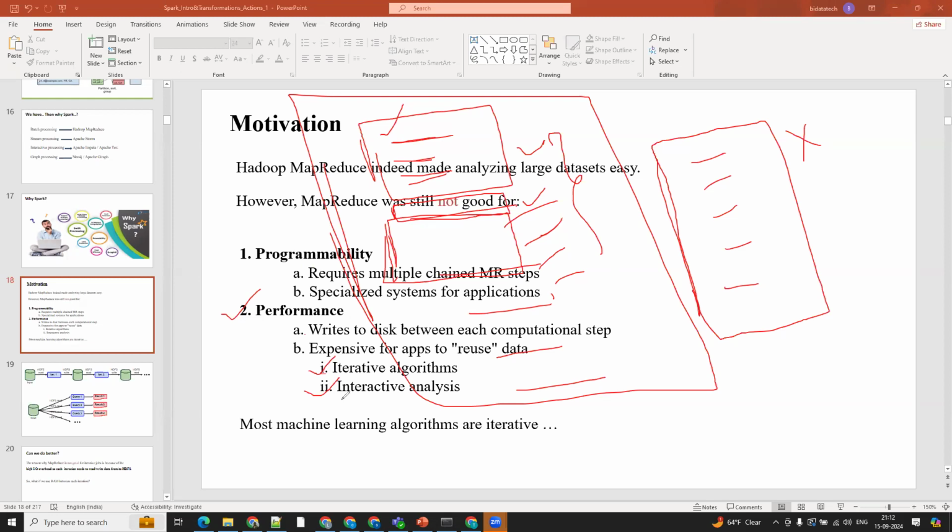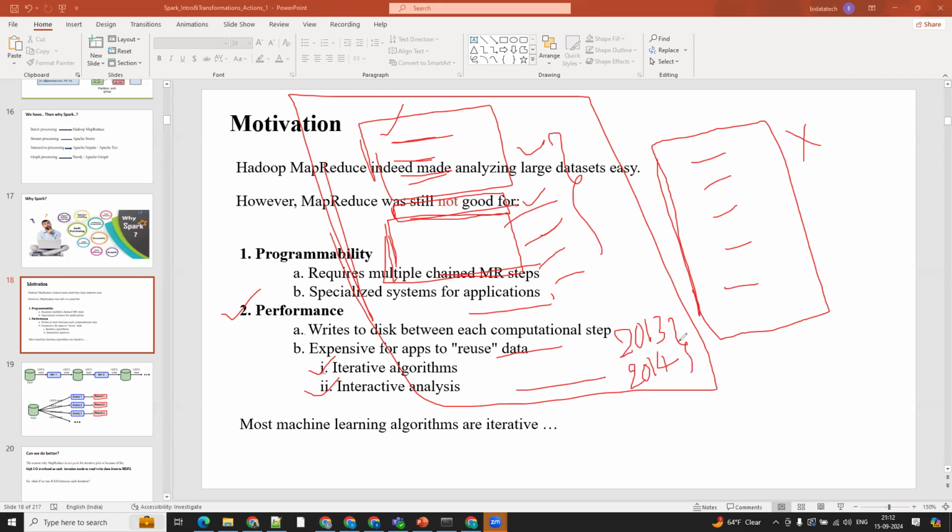And one more problem is iterative algorithms. In 2013 and 14, data science was becoming very famous. At that time, machine learning algorithms slowly started being implemented in industry. Predictive analysis and artificial intelligence started around 2012, 13, 14.